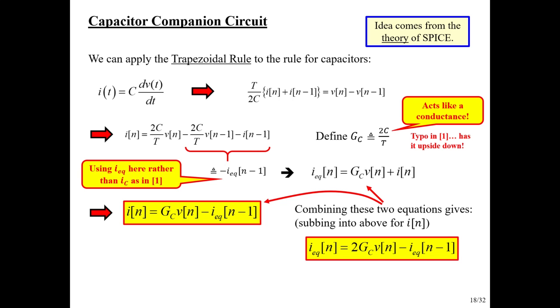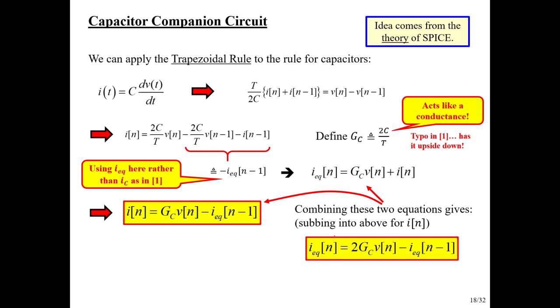So let's combine these two things to give something else. I'm going to keep this one here for the moment, but I'm going to plug this quantity, combining, subbing into the above for I of n. So I'm going to take all of this stuff and plug it into here and rework that. And when I do that, I get something that looks like that. Now look at that.